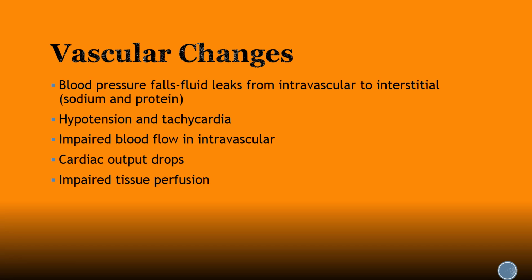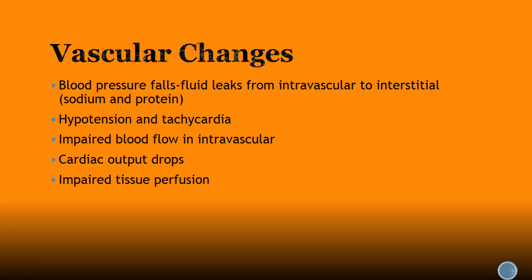The loss of the fluid and electrolytes leads to drops in protein. The loss of volume leads to a decrease in the cardiac output, and of course all of this leads to impaired tissue perfusion. This third spacing or fluid shift usually begins within the first 12 hours and might last up to 36 hours.